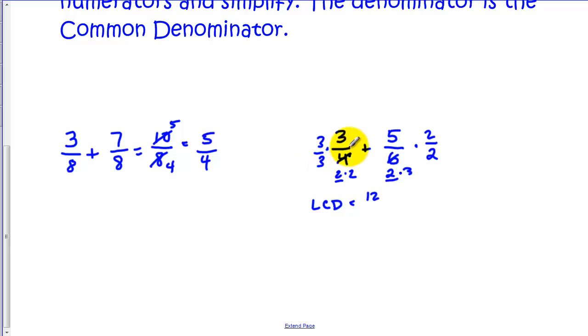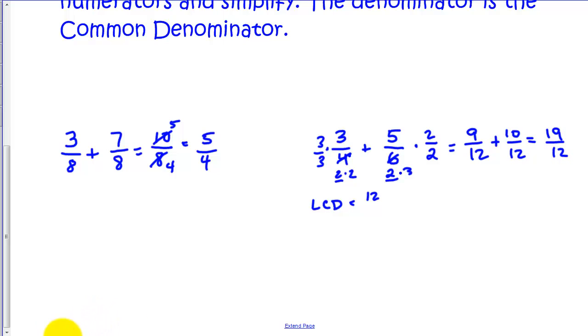Now we've just learned about multiplying fractions, so we multiply each fraction. Over here we have 9/12, and over here now we have 10/12. Now we have a common denominator, so we add across and we get 19/12. That can't be simplified, because there's no common number that divides into 19 and 12.